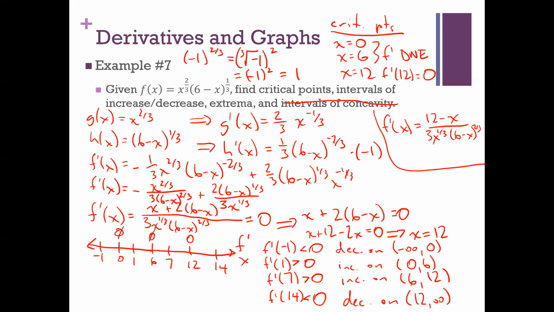With the little time we have left, can I say anything about extrema? At least local extrema. Can I say anything? There would be one at 12. Why would there be one at 12?